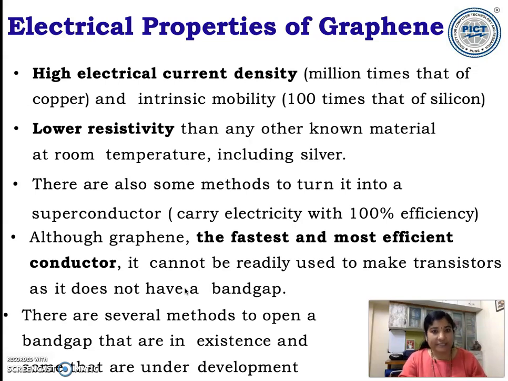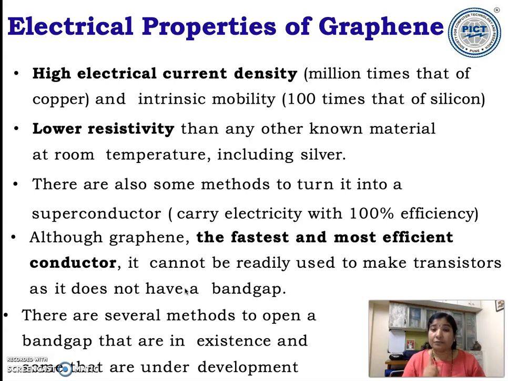It has lower resistivity at room temperature. And there are some methods which can turn graphene into a superconductor, and it can then carry electricity with 100% efficiency, so it can become a superconductor as well.